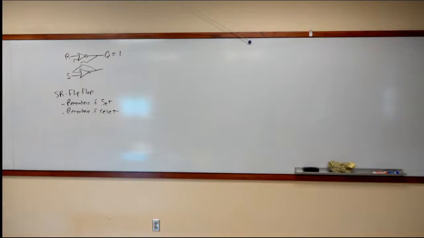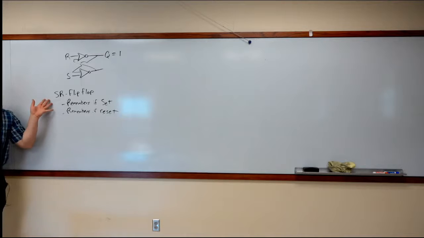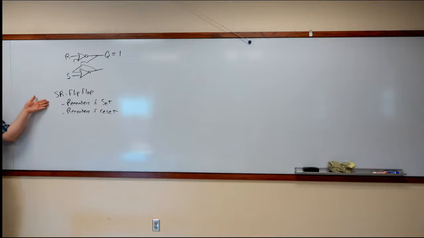That's what it does. Here, no matter what the set value is, if you reset it, the output will always be 0. If set and reset are on at the same time, reset always wins. But this is just it. It remembers if it's set, because if it sets a value and then goes back to 0, it stays on. If it resets a value and goes back to 0, it stays off.